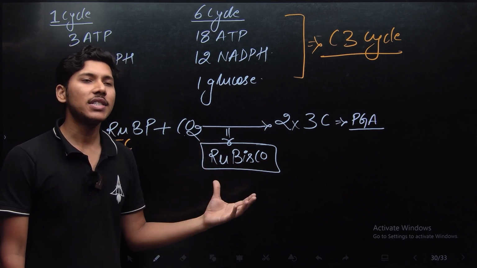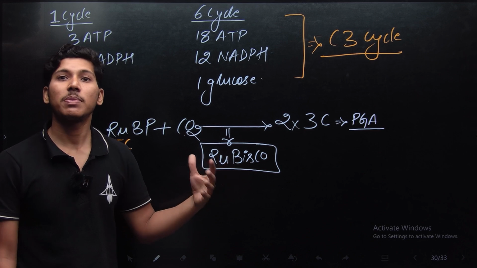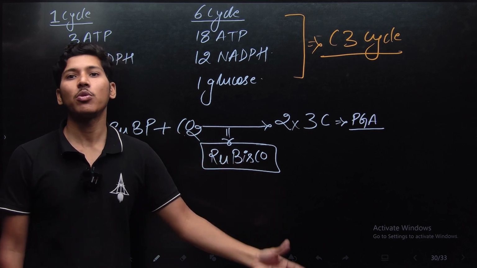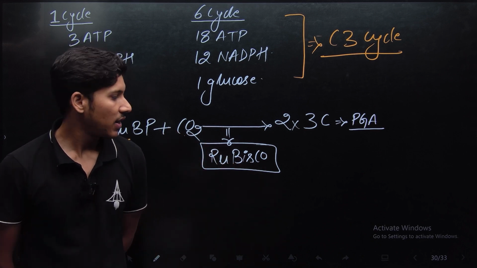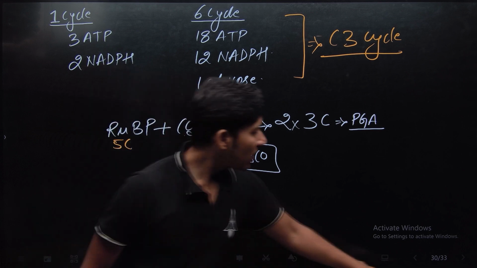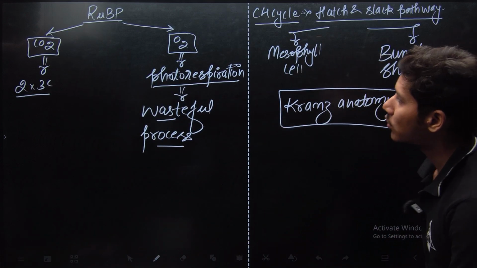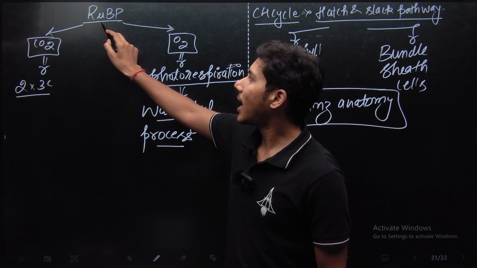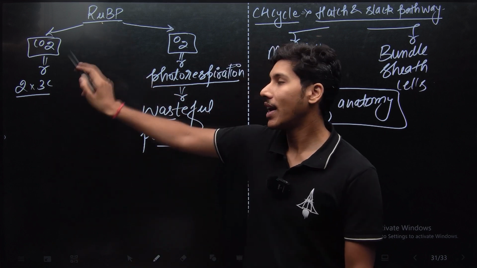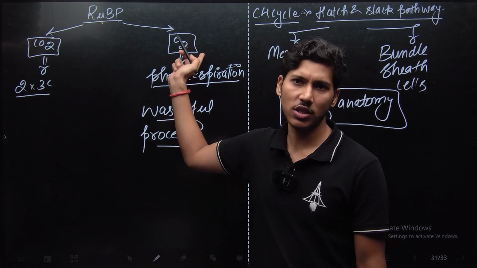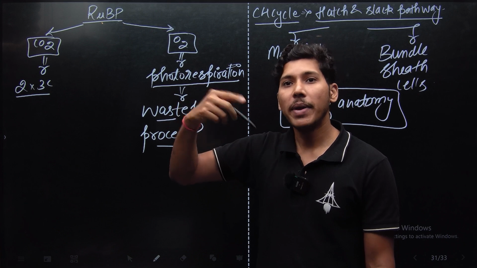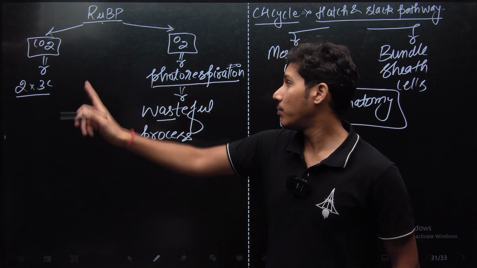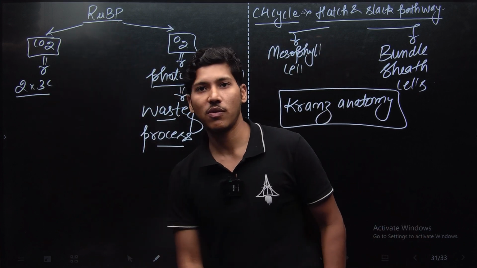Rubisco is the most abundant protein of this whole biosphere. This Rubisco has a dual characteristic. It can combine this RuBP with CO2 and oxygen also, based on the concentration, the partial pressure, of both of them.